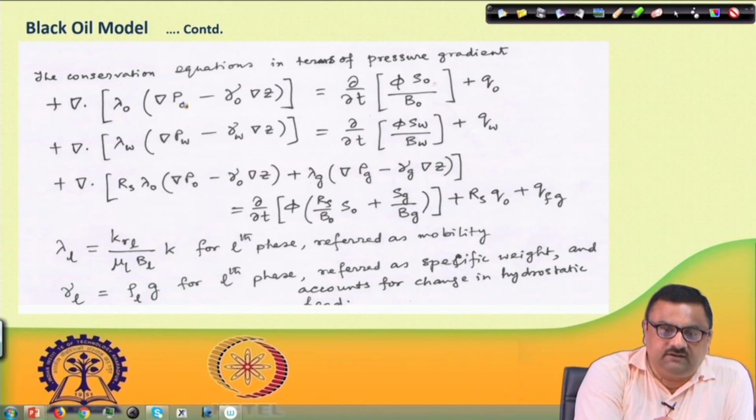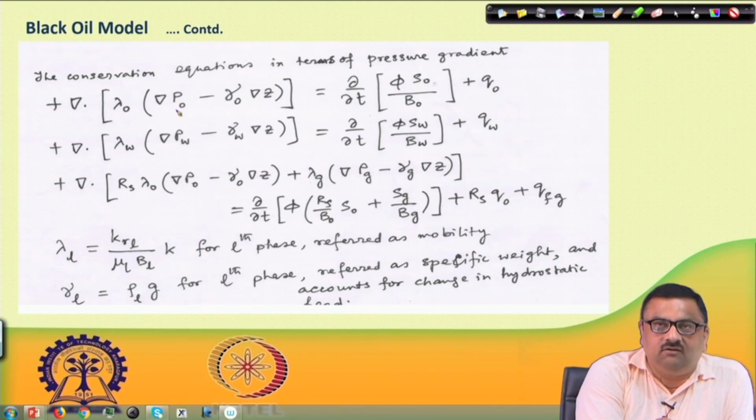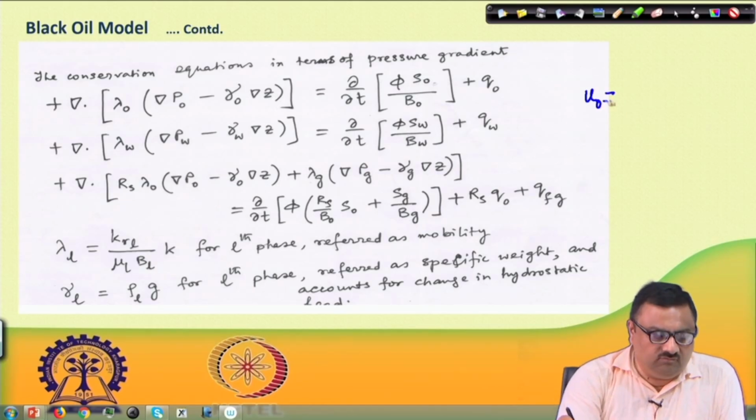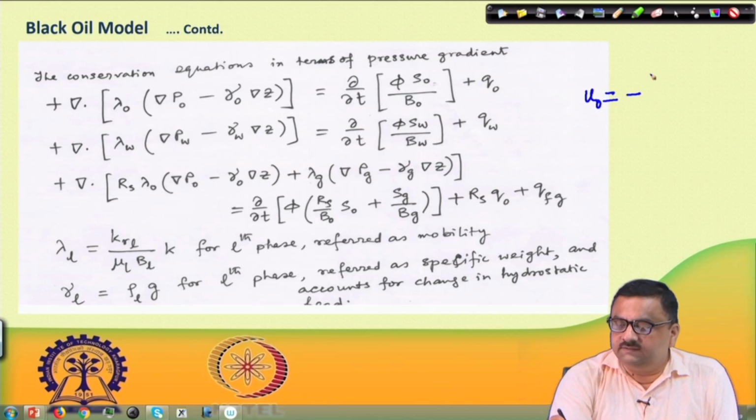Now, we are writing instead of uo as lambda o grad of Po. We can understand very well, because this is Darcy's law. We know superficial velocity uo would be what? uo would be minus Kro divided by mu o into grad of Po.